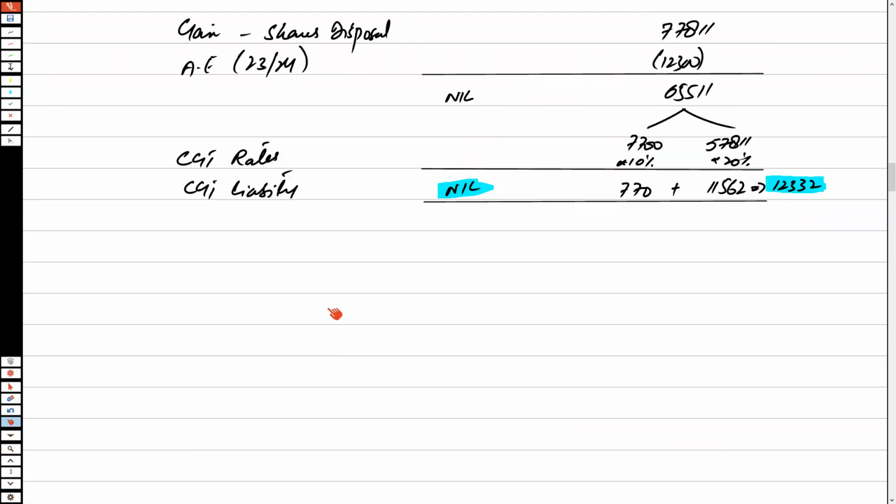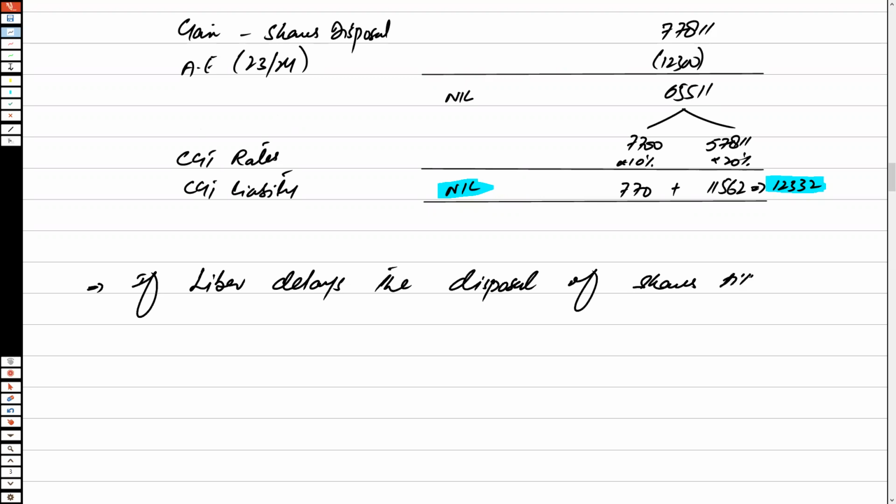So finally, we can conclude this part requirement is, if he delays, if LIBOR delays the disposal of shares till next year 23-24, then CGT liability would be saved by, let me check the answer which is given, by 1958.